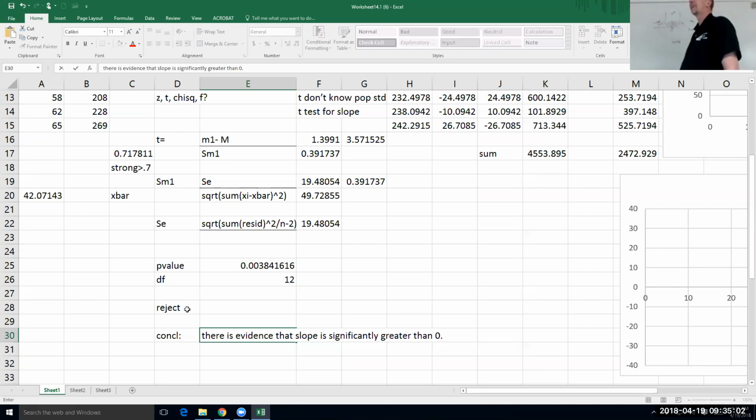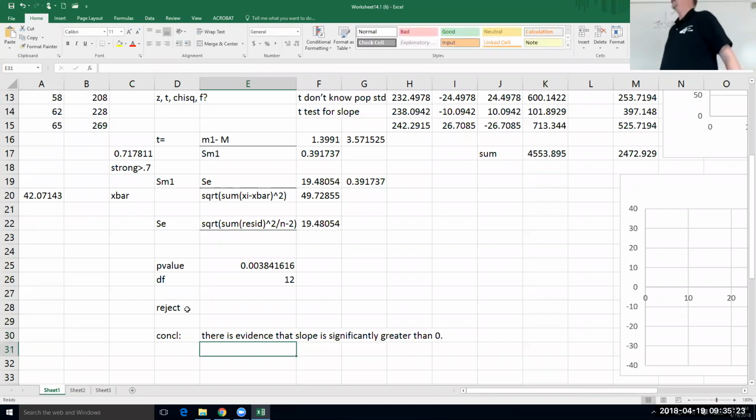If my slope was negative and I got a p-value of 0.0038, I would say it's definitely negative. So I'm basing the fact that it's greater than 0 on the point estimate.